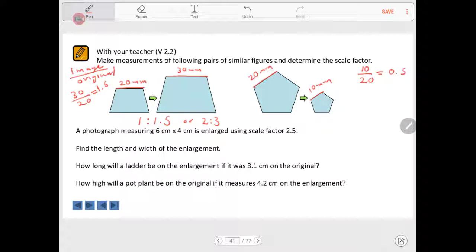So in this case, we've got a 1 to 0.5 scale. Or we could express this a little bit differently. We could say 2 to 1. So 1 is a half of 2, so we're reducing the size by half. Okay, so there are our two scales.